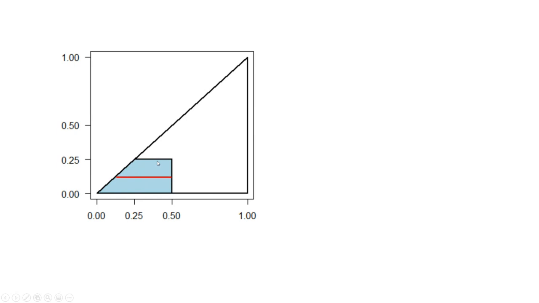So we need to do two separate versions of the integral. So if we use horizontal rectangles here, that's going to be order of integration dx dy, because first we're integrating along the length of the rectangle, and then we're moving the rectangles up and down.